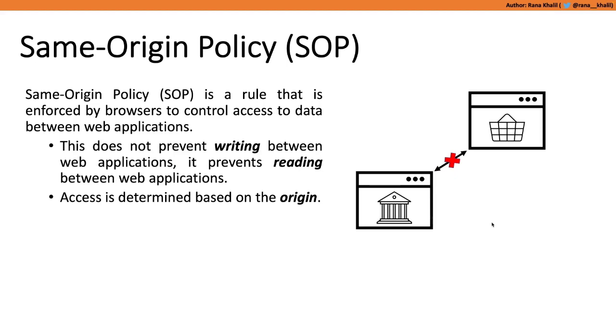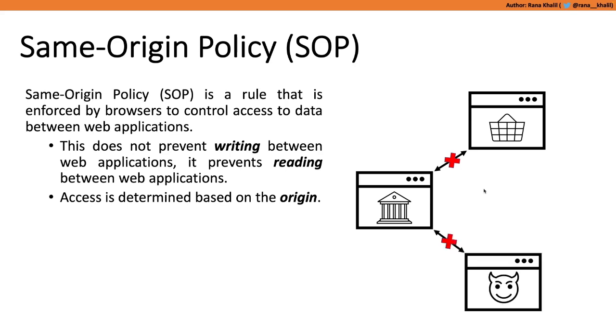Browsers abide by a rule called the Same Origin Policy, or in short, SOP. This policy segregates content that is received from different origins or domains to prevent different domains from interfering with each other in the user's browser. So the browser does not let any random script that is running on a different domain access the content and the responses of the application.